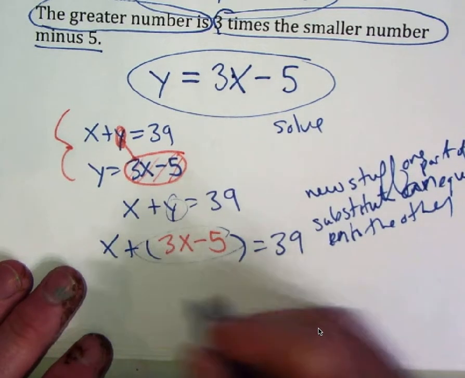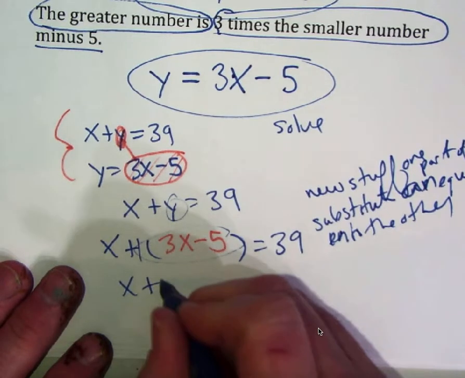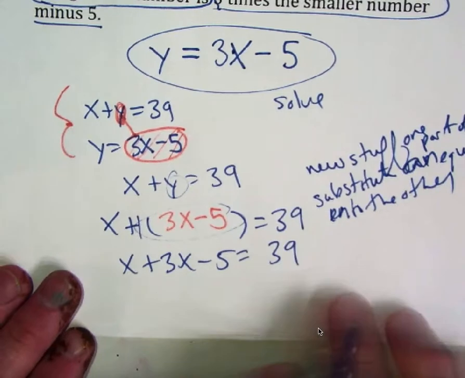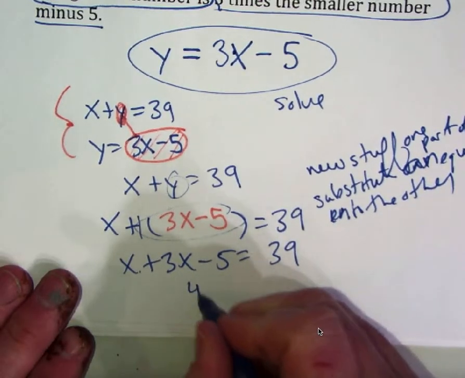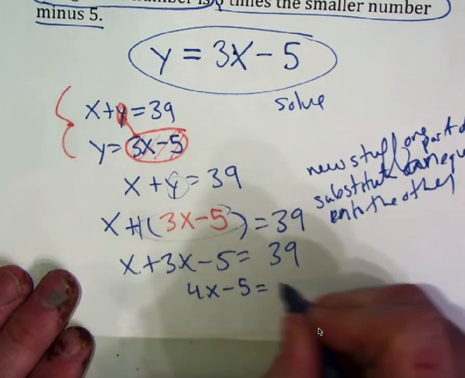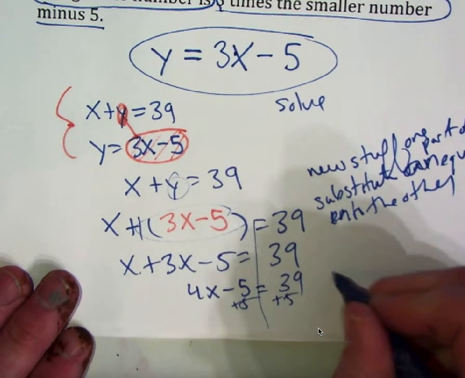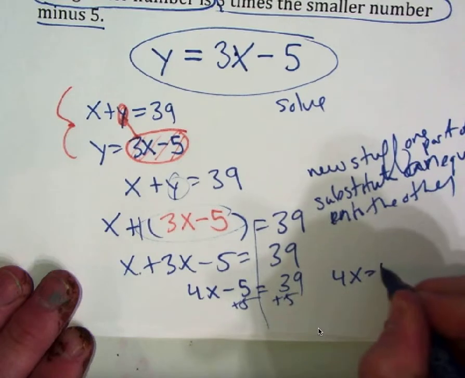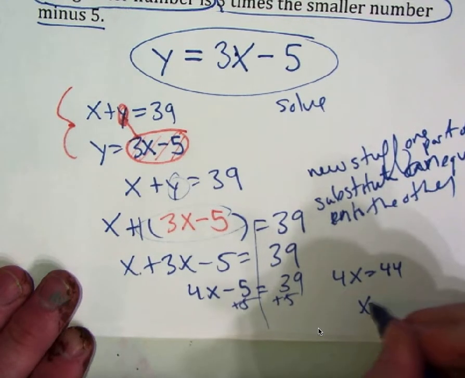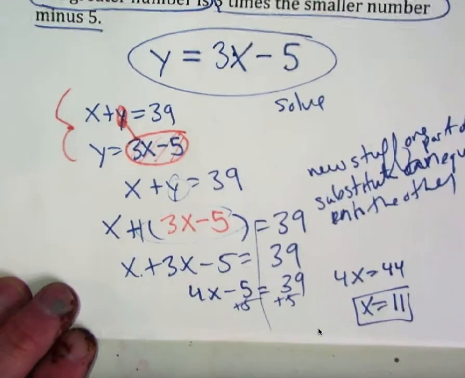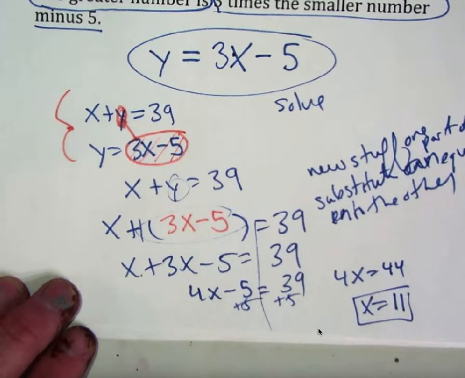Now we can distribute, because there is a 1, so we get x plus 3x minus 5 equals 39. You know how to distribute. You know how to combine like terms. You know how to solve equations by doing things to both sides. And you know how to get down to x. So x, which we decided is our smaller number, is 11.